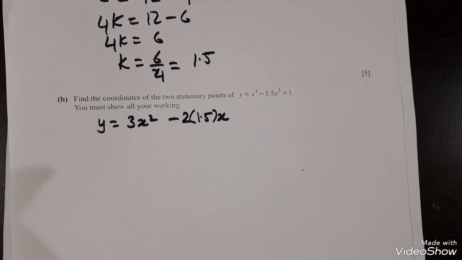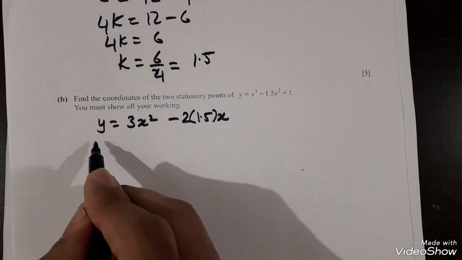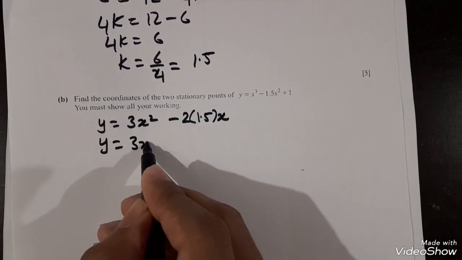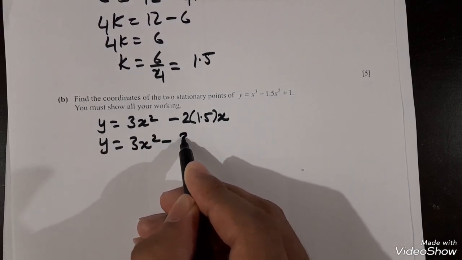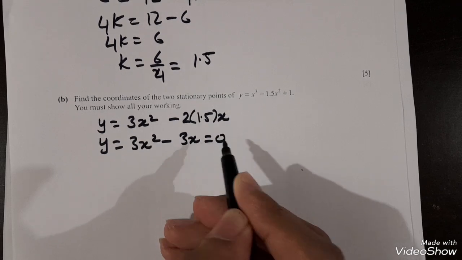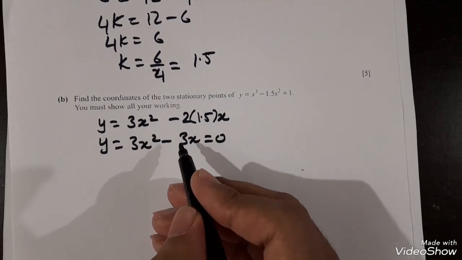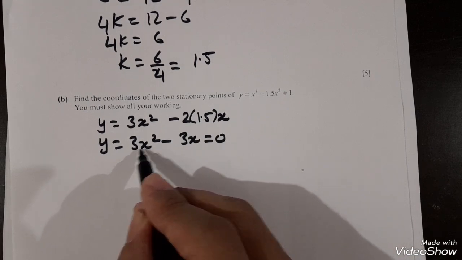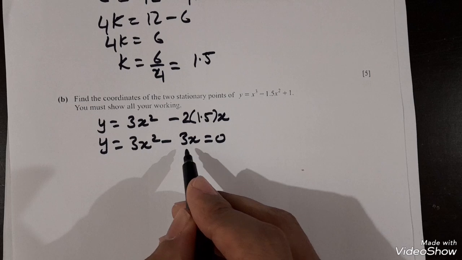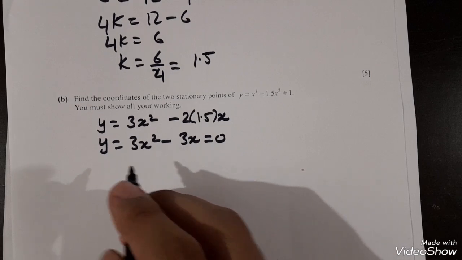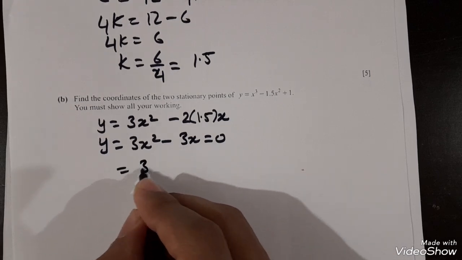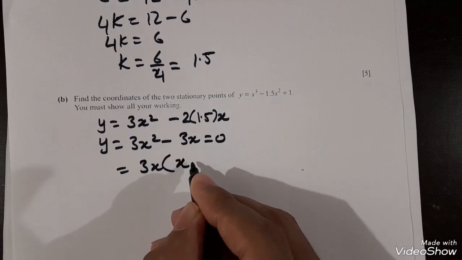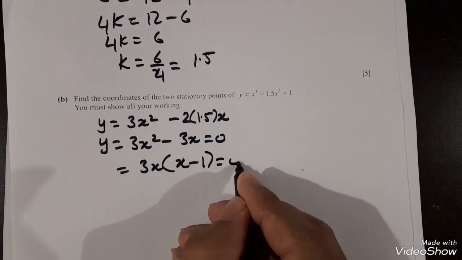So we will multiply 2 by 1.5, which will be 3x squared minus 3x is equal to 0. Now we will write 3x outside and inside we will write x minus 1. So we will write 3x and x minus 1 is equal to 0.